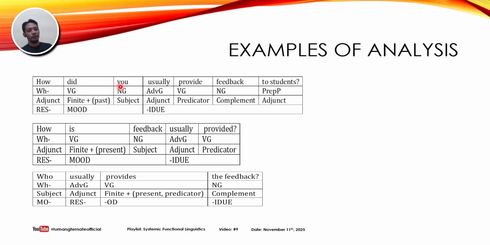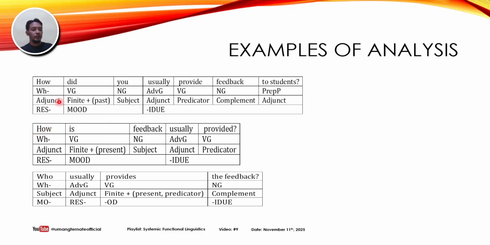Meanwhile, did you are the components of the mood block. Because this is a question, it begins with the finite and then followed by the subject. Okay, and then the rest of the clause combines with the adjunct here in the residue block. Okay, the elements of the residue block.